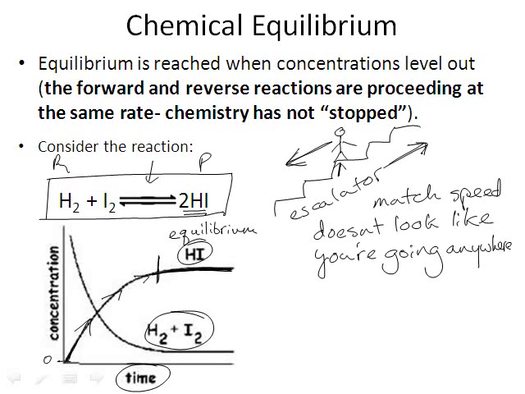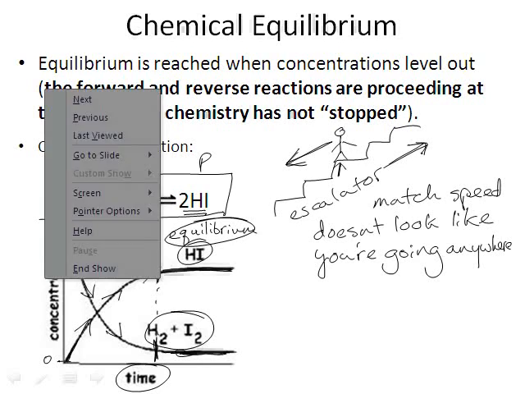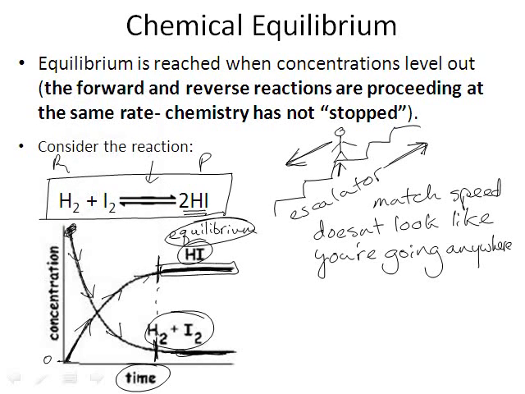For H2 and I2, I started with a certain amount up here. I start using it up, my concentration of H2 and I2 decreases until I get to an area where this curve flattens out. So at roughly the same place, I've reached equilibrium. It doesn't look like at these points the concentration is changing with respect to time.